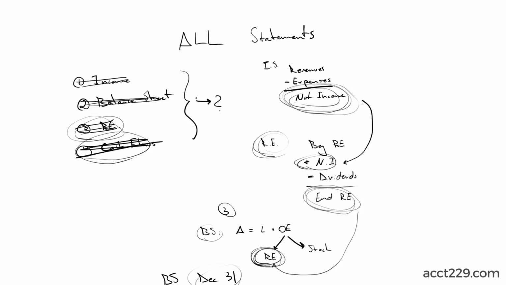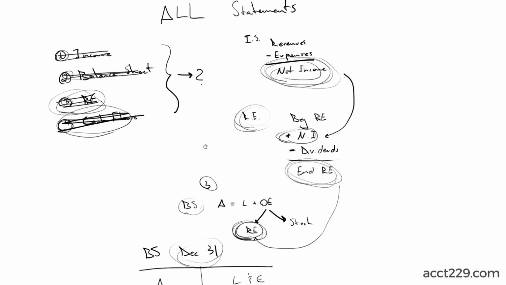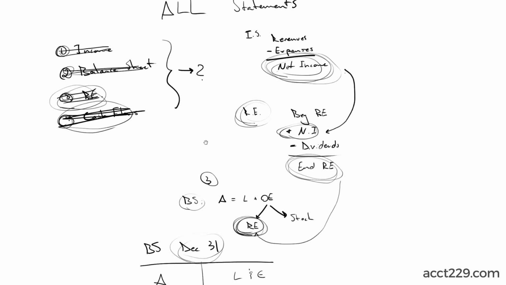We started with the question, how do the four of these statements tie together? And I told you, accounting is not hard. Accounting is a puzzle. And then we worked our way through that puzzle by asking where these pieces should go. Now, let's say you didn't remember where to start. You started at the balance sheet. Well, you're going to need retained earnings to finish the balance sheet. So then you know, I've got to figure out what retained earnings is.